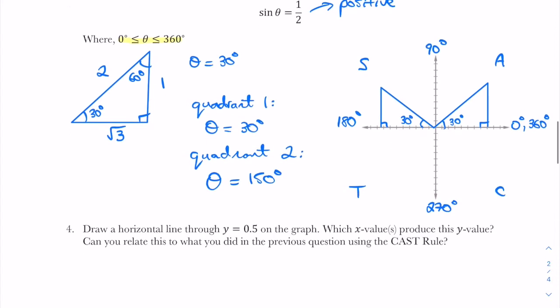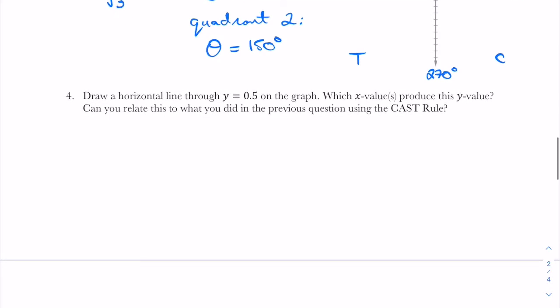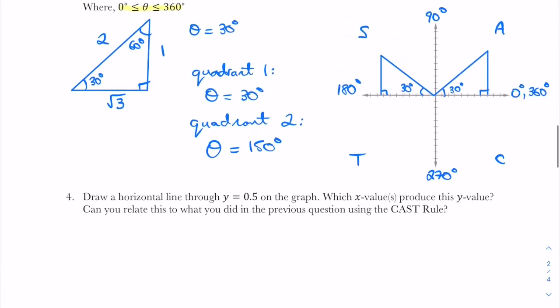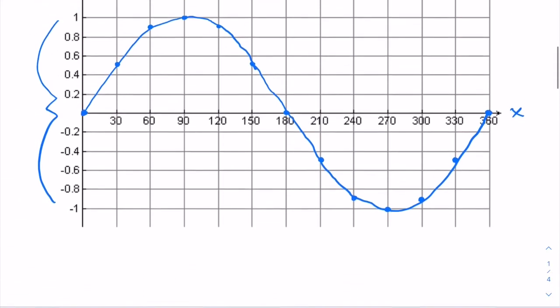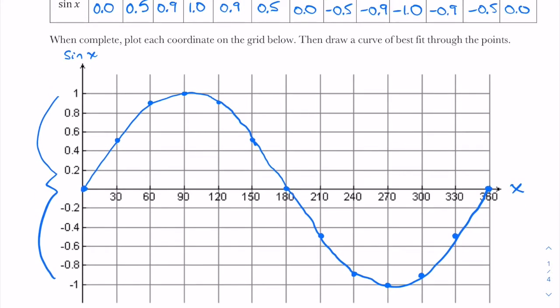This question is asking us to draw a horizontal line through y equals 0.5, and then determine which x values produce this y value. So let's do that. So we have to draw a horizontal line through y equals 0.5.